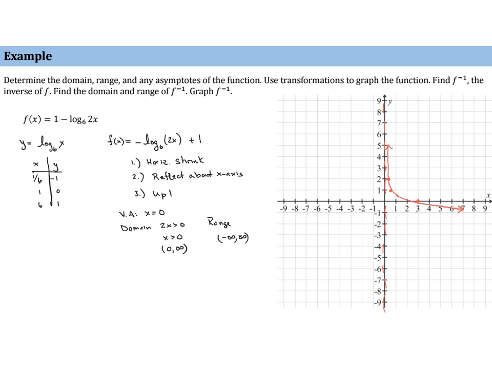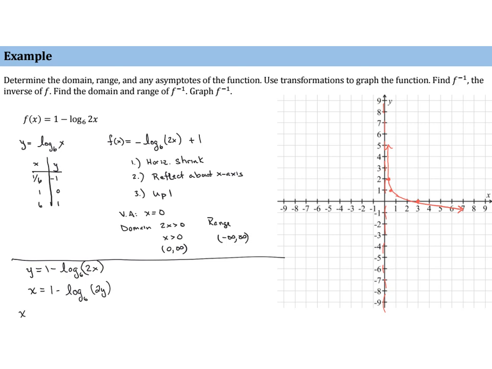Now, let's find the inverse. So to find the inverse, we have y equals 1 minus log base 6 of 2x. I'm going to put that 2x in parentheses for emphasis. We will swap x and y. So we get x equals 1 minus log base 6 of 2y.